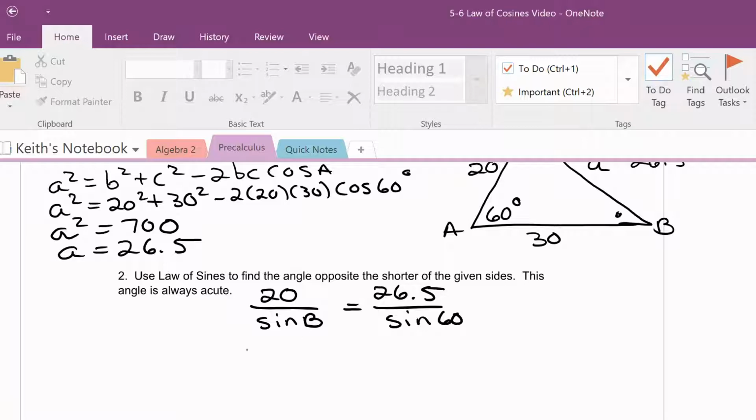When you cross multiply, 26.5 times sine B equals 20 times sine 60. Then you divide by 26.5.